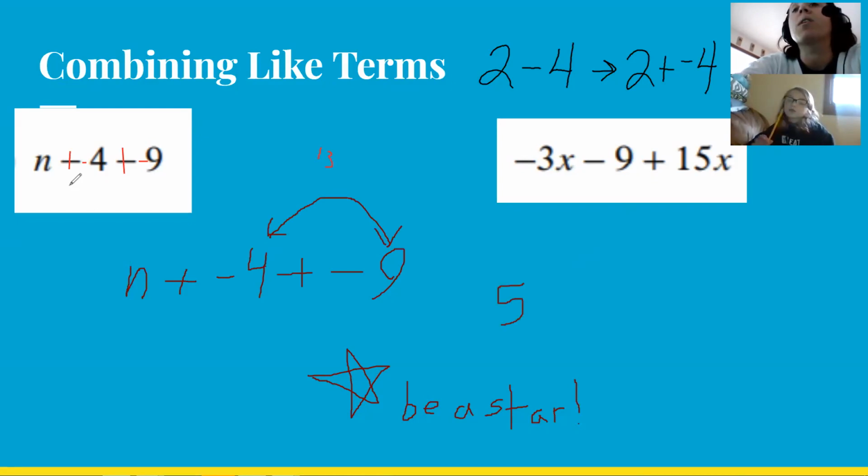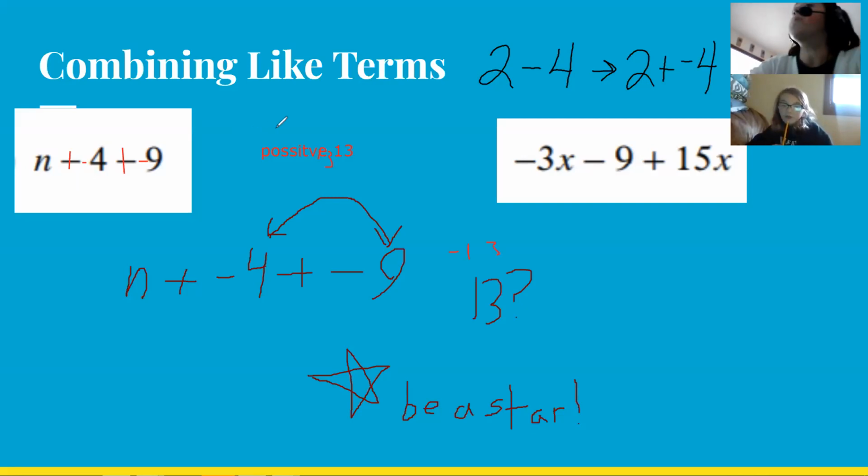Not 5, because remember with negatives, they're both negative. So you're going to get more negatives. It's like saying I owe you $4 and then I owe you $9 more. It would be 13, and it's still money that you owe, right?